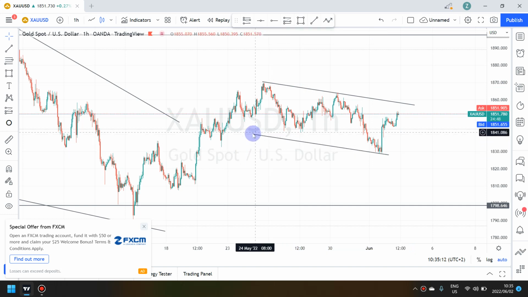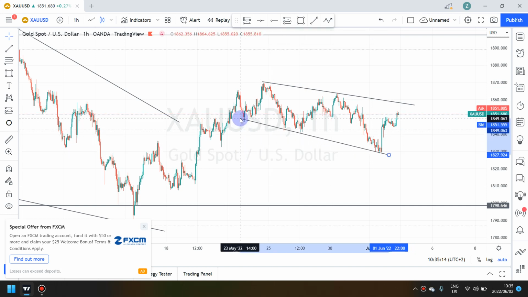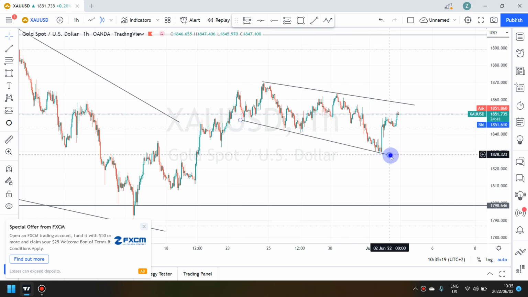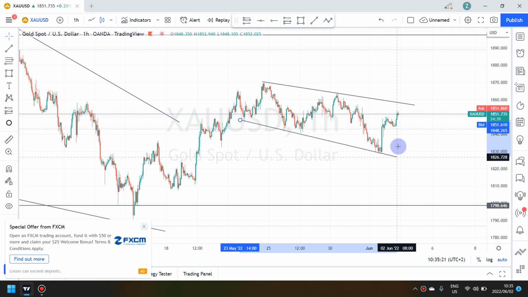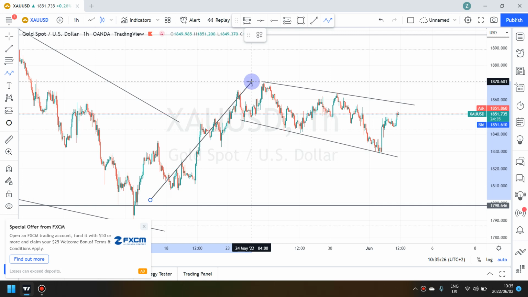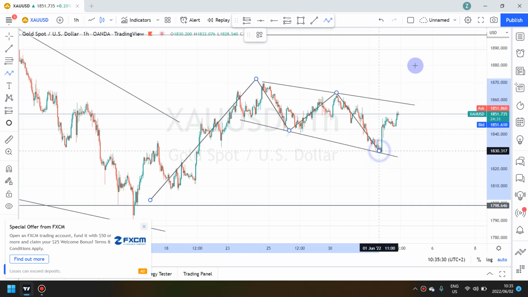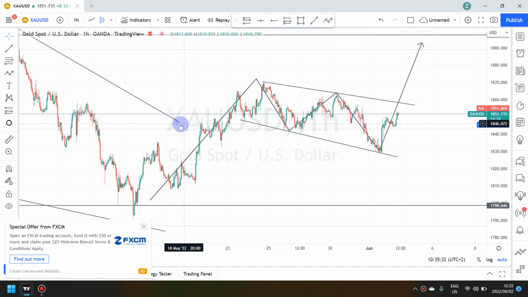I'm seeing this pattern right here, an extending type pattern. So basically this is possibly a continuation pattern, hence it broke out of our bearish trend and is now consolidating, giving us this bullish flag, which is a continuation pattern.